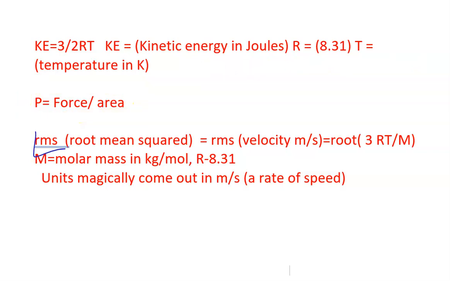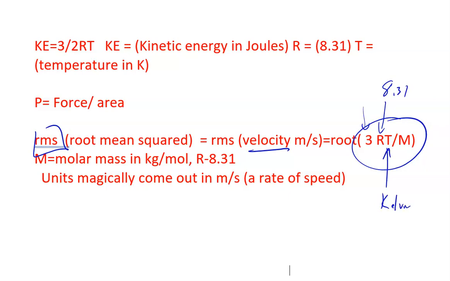And then down here we have RMS, which is root mean squared velocity. Velocity is actual speed. So you have 3, which is a constant, R, which is the 8.31 constant, T, which is temperature in Kelvin, and then divided by M. This is not molarity.